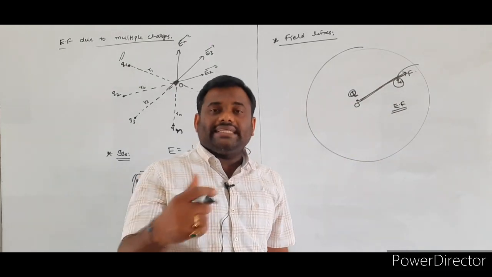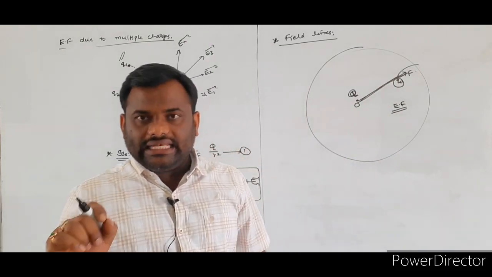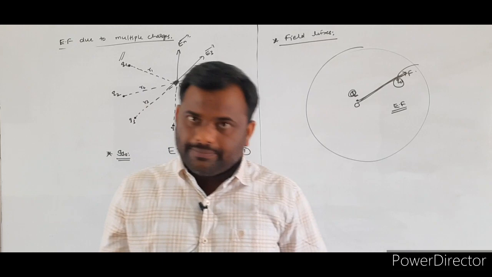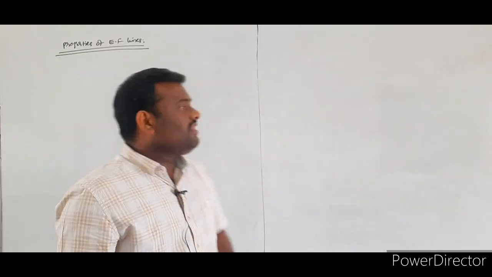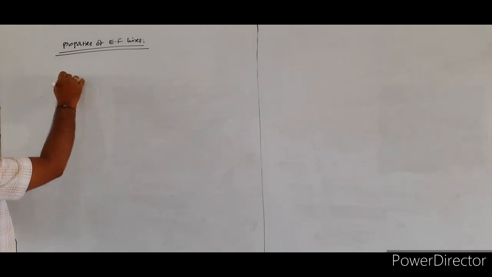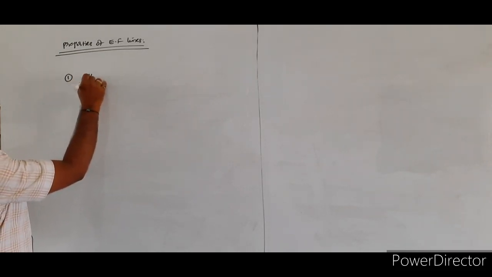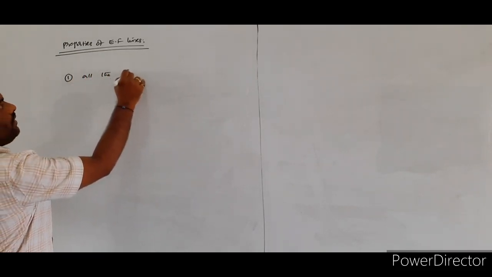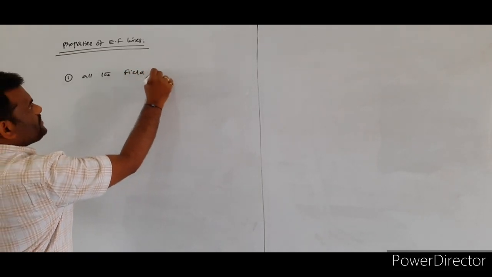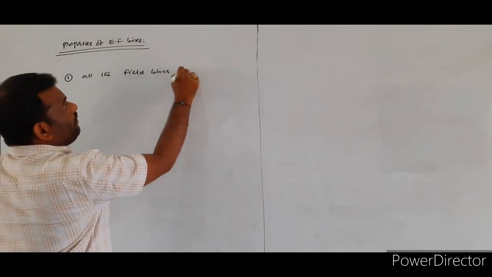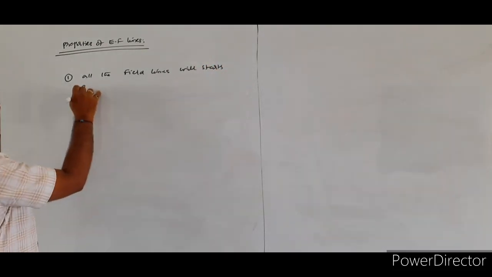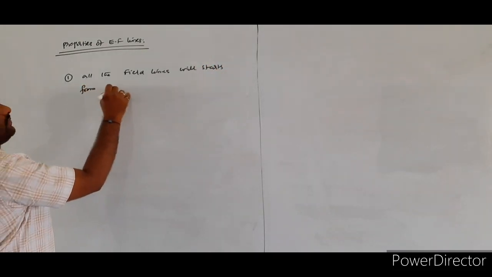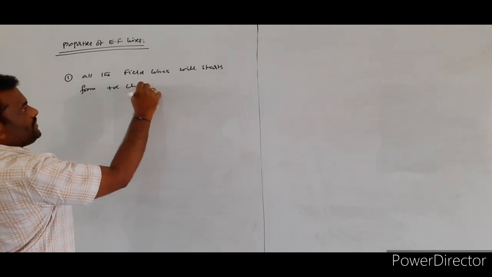Okay. Now we will discuss the properties of the electric field lines. Very important one. The first point is all the field lines will start from positive charge.